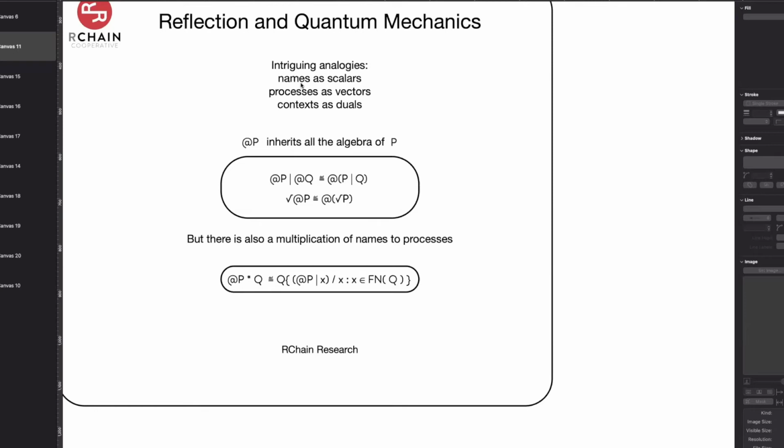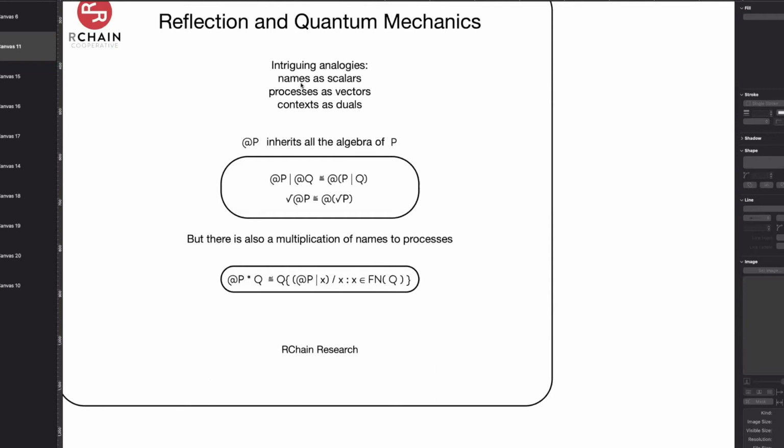So scalars are not the same as observables. And that was something that I needed to distinguish in my mind. A scalar could be the result of making an observation, but it's not the same as an observable. And in the rho calculus, the two roles are conflated, right?